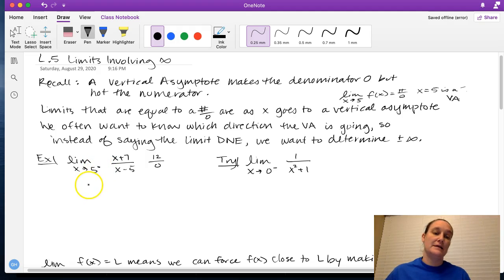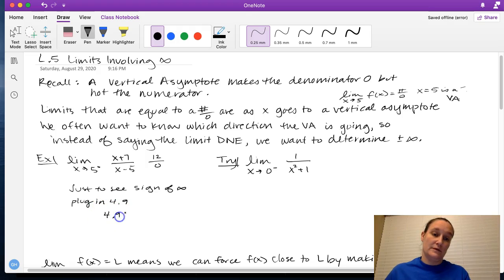The little minus means less than 5. I know it's equal to infinity, so I'm going to plug in something just slightly less than 5 and see whether it is positive or negative. This is just to see the sign of infinity. I'm going to plug in 4.9, at least mentally, if not actually writing it down.